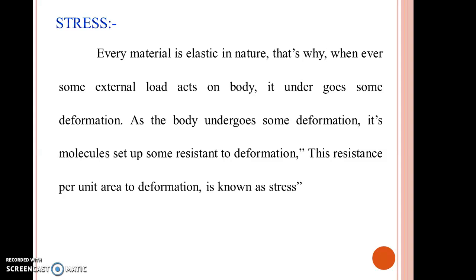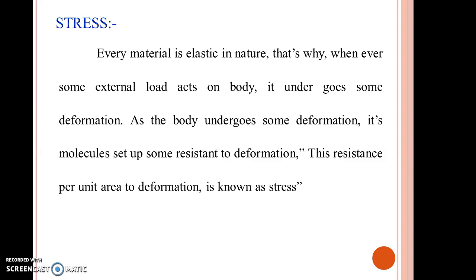See here, the definition says that when you apply load on a certain body or structure, the structure tries to oppose the load. This deformation is opposed by the internal force present in the object, and this is taken per unit area, meaning the cross-section area.